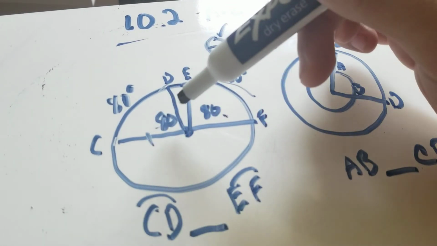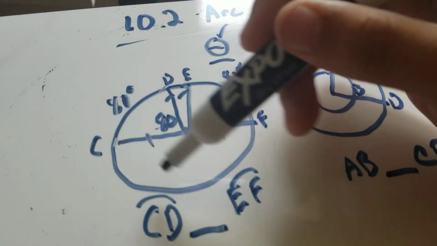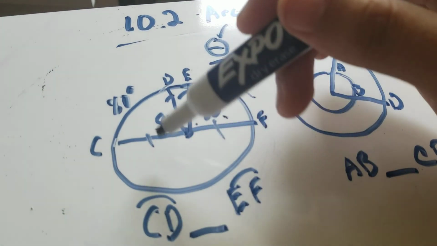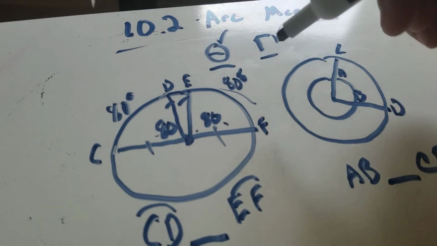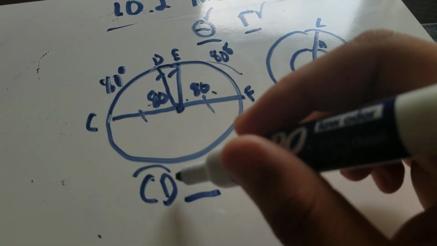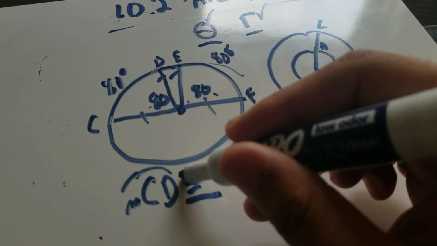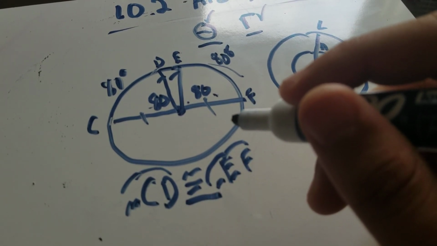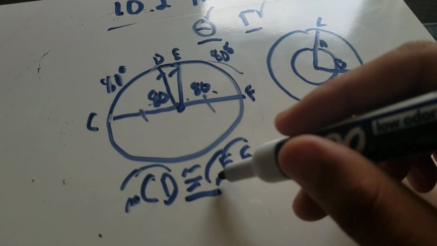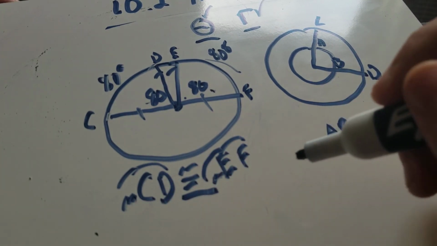Which means this radius should match this radius, should match this radius, that should match this radius. Since they're in exactly the same circle, you know for a fact that the radius has to be the same. So that checks off. So arc CD, or I should say measurement of arc CD, is congruent to the measurement of arc EF. Okay? So we put a little M for measurement of CD is congruent to the measurement EF.